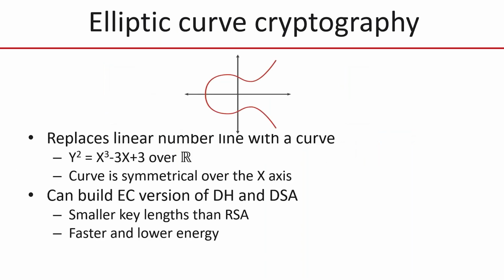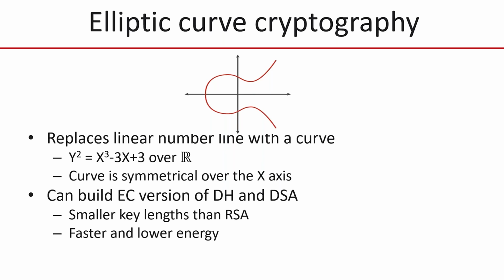Within the Mbed TLS library, there's also a set of algorithms that use elliptic curve cryptography. As I mentioned, Diffie-Hellman, and there's also an elliptic curve digital signing algorithm. Elliptic curve cryptography effectively replaces the standard number line with an elliptic curve, so we're now doing maths on our elliptic curve.